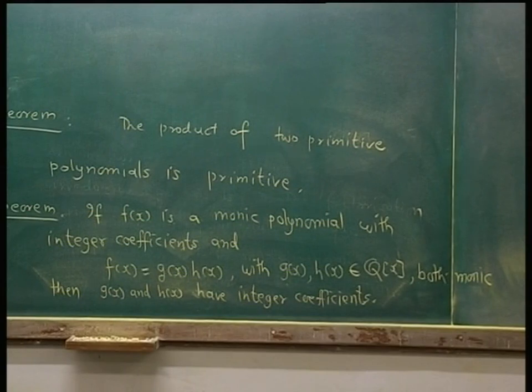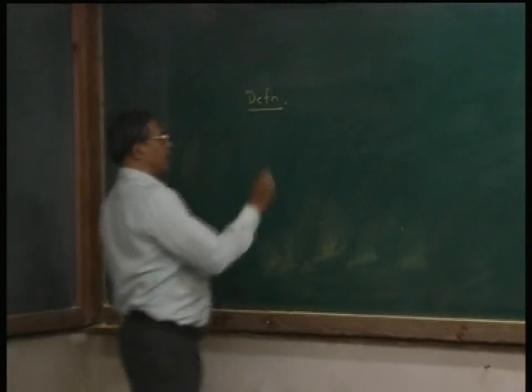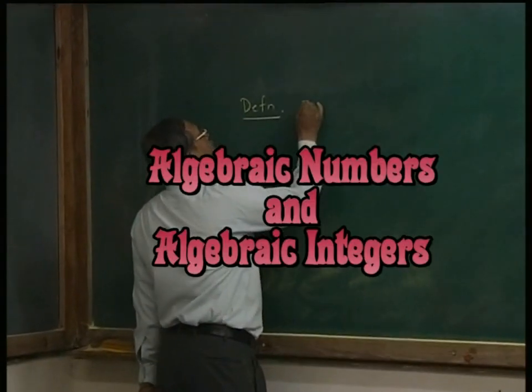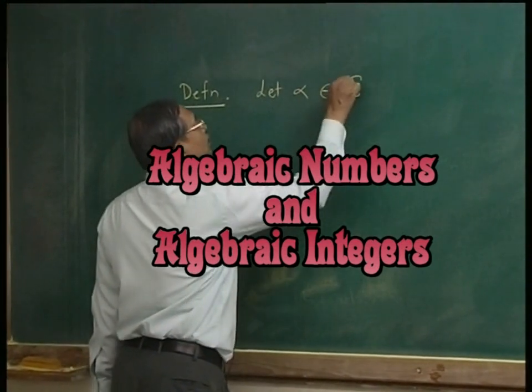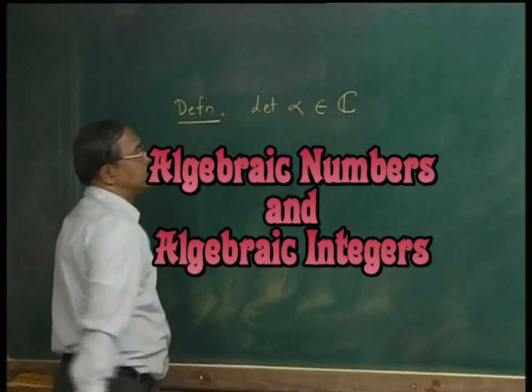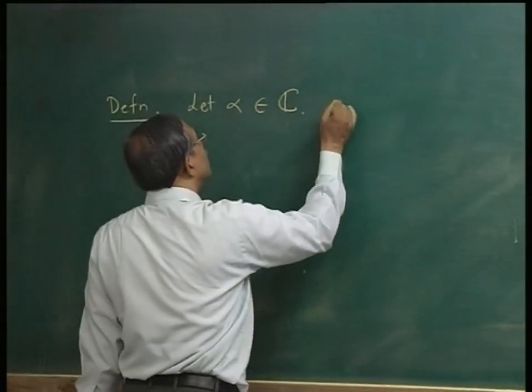Okay, now we define an algebraic integer and an algebraic number. So let alpha belong to C, the field of complex numbers.